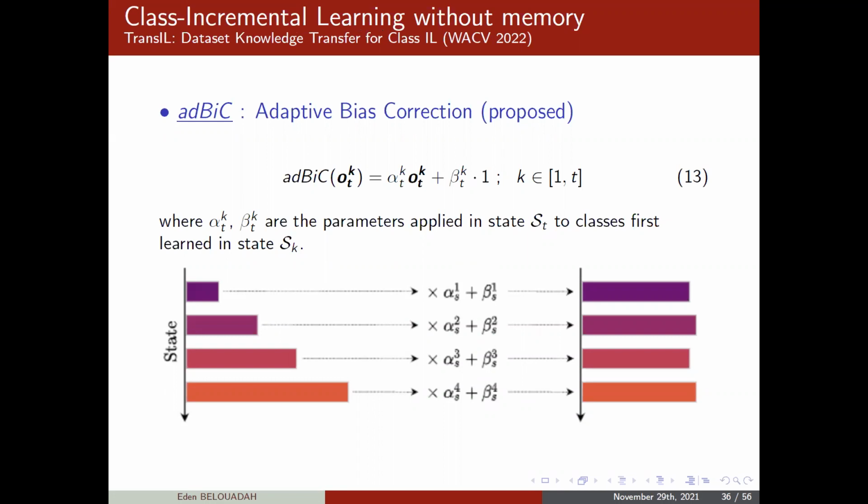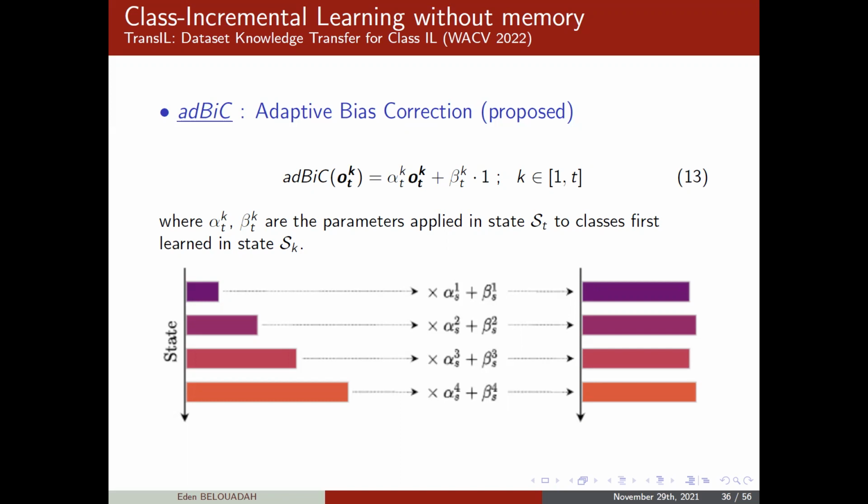Exactly. In these experiments, we assume that all the reference datasets and test target datasets have the same number of classes in total, and also in terms of number of classes in each incremental state. So we did not investigate the possibility of having a different number of classes, but I think it is doable. It could be an interesting direction of research to see which calibration parameters I would take, from which subset, or how I can expand it.